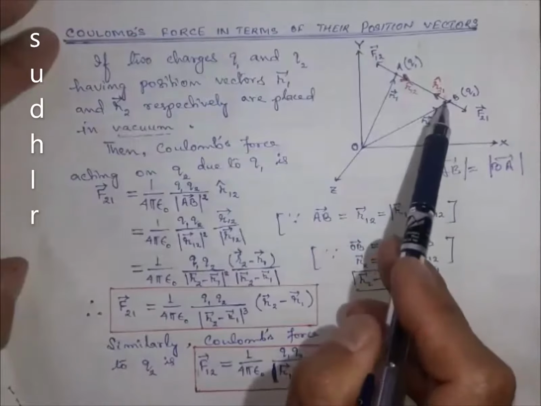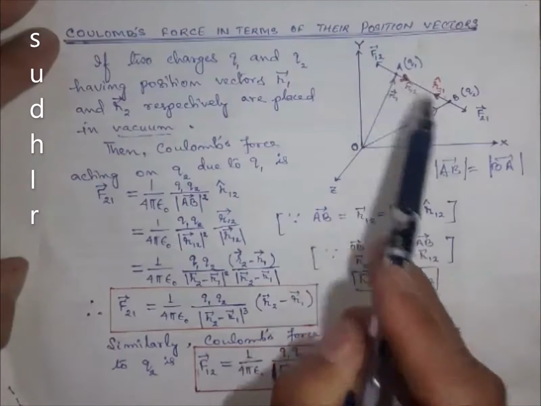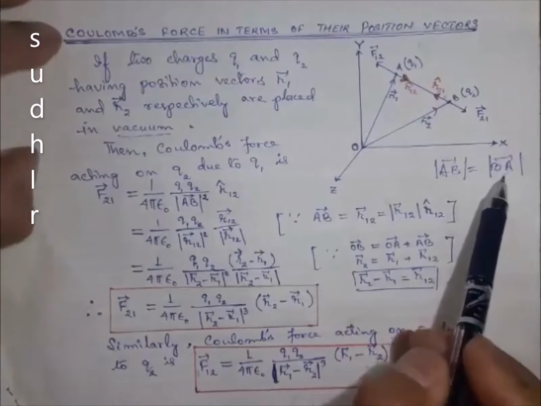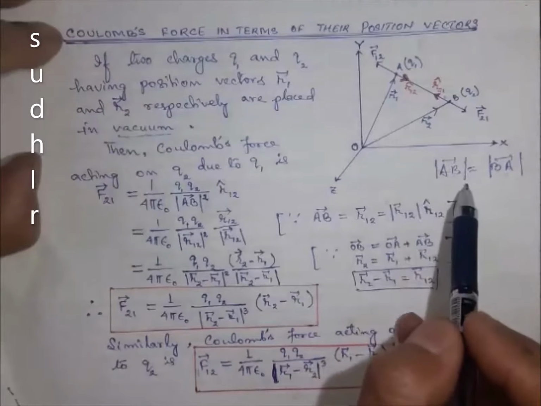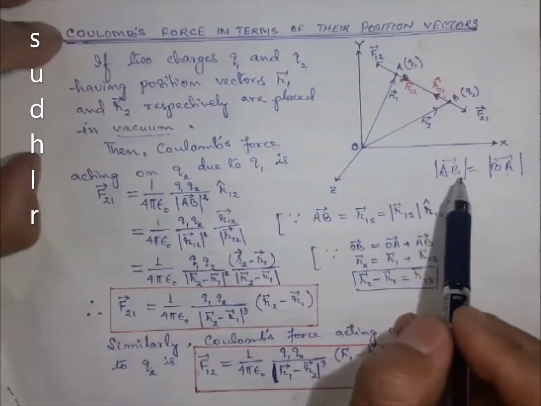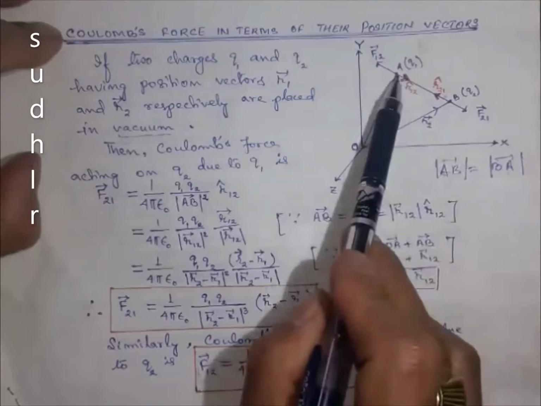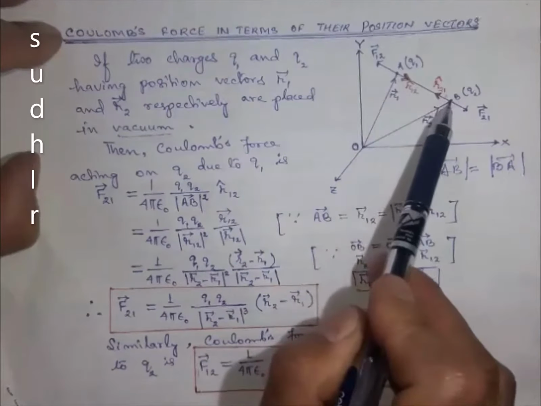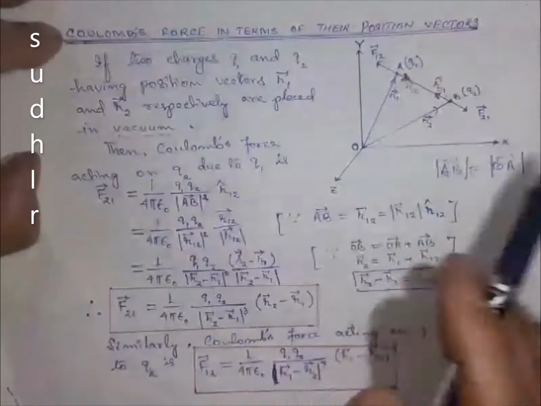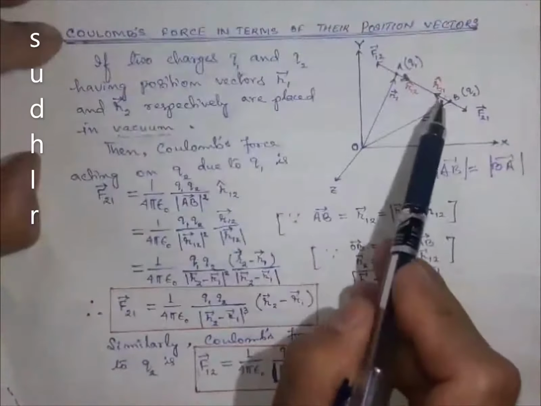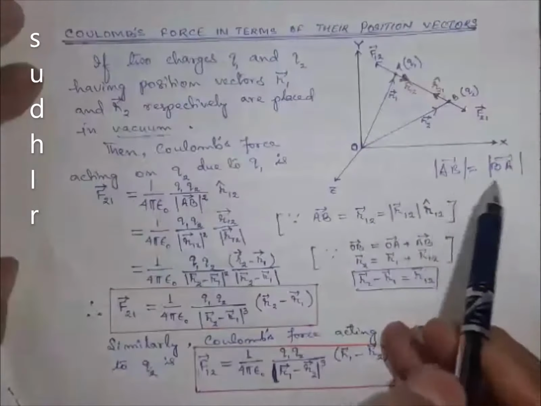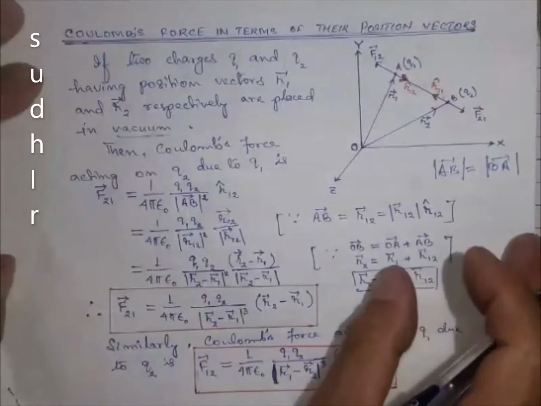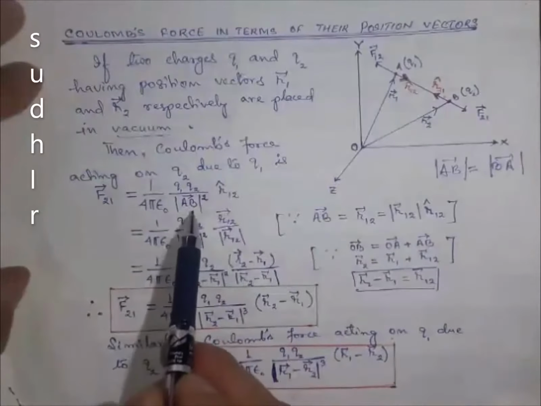When the vector is pointing from B to A, we call it BA vector. But if you take the modulus of both, it simply represents the length between A and B. Whether it is from A to B or B to A is immaterial. It is only the length AB, so this represents the distance AB.